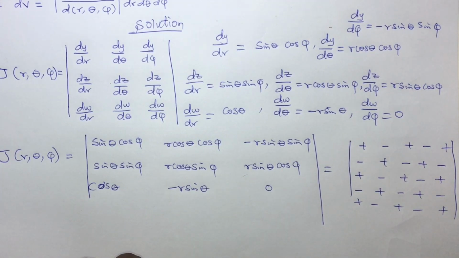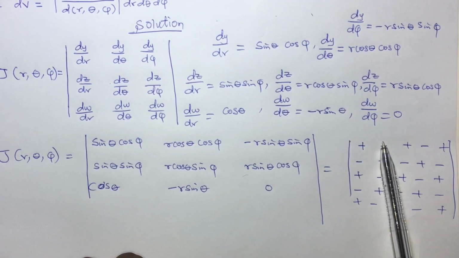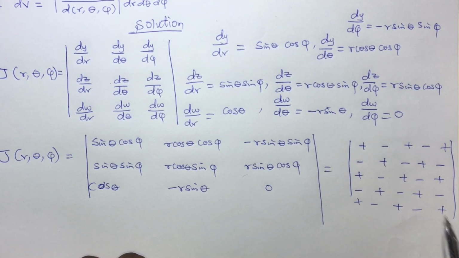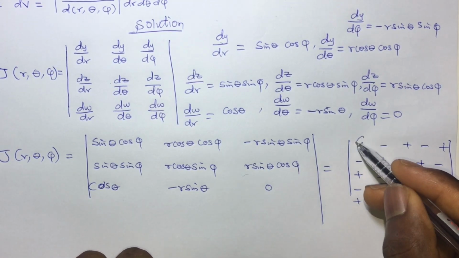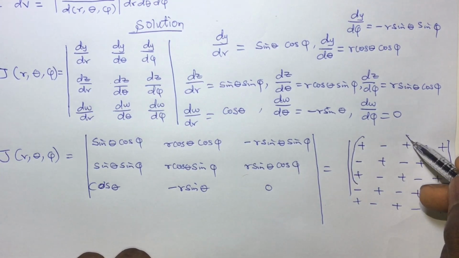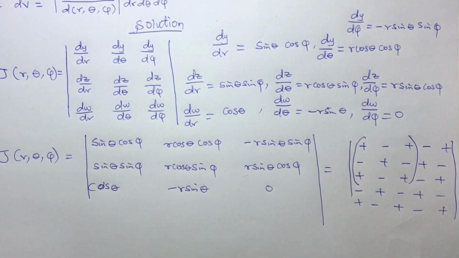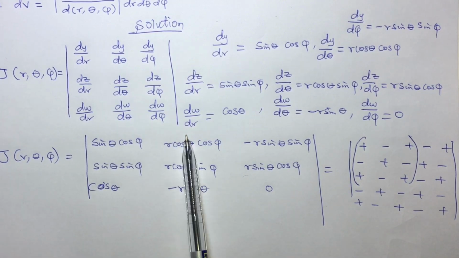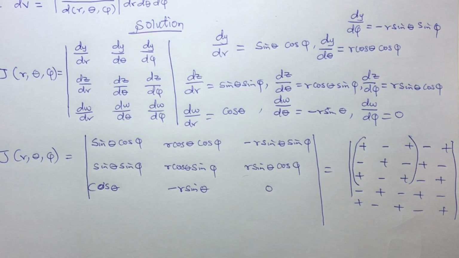But for a 3 by 3, you would have positive, negative, positive, negative, positive, negative, positive, negative, positive. Meaning that the coefficient of this particular place will be positive, here will be negative, and here will be positive.